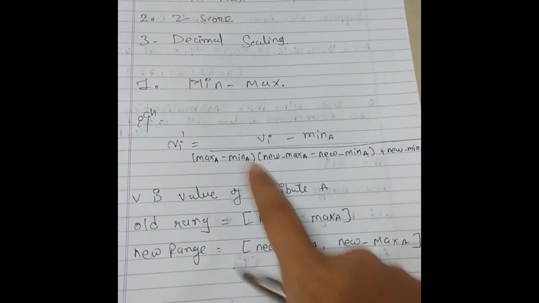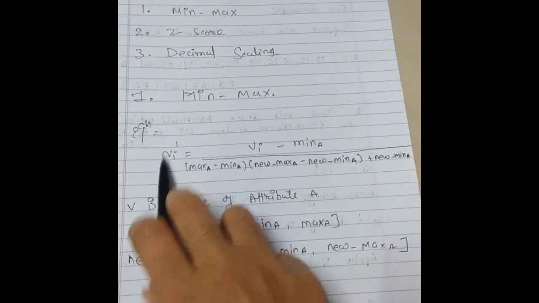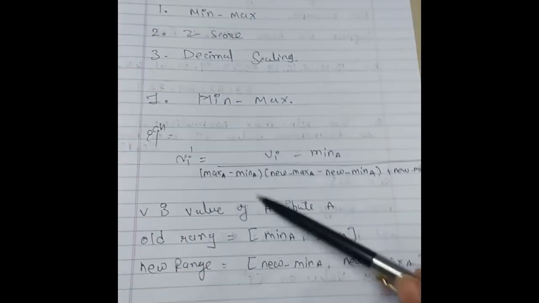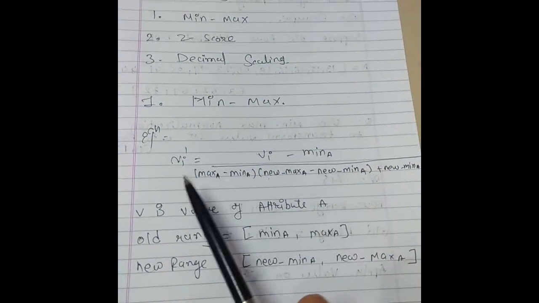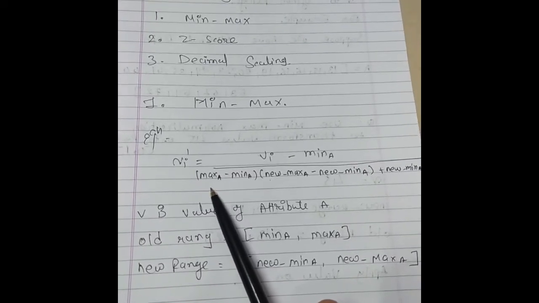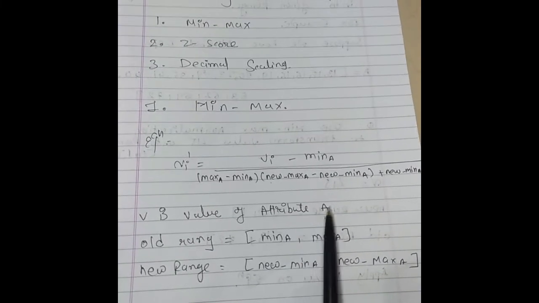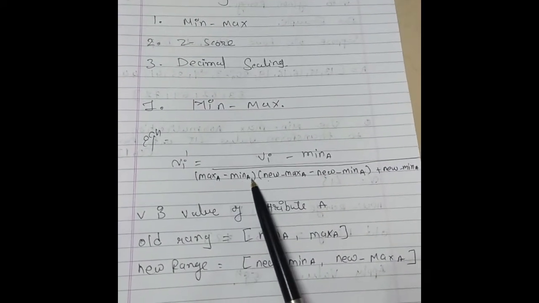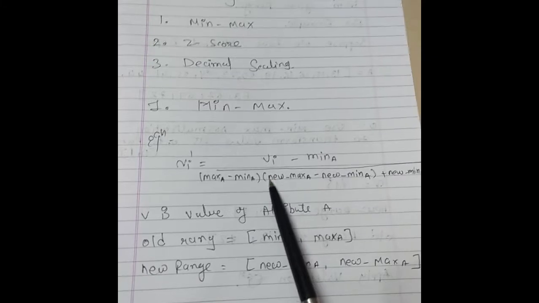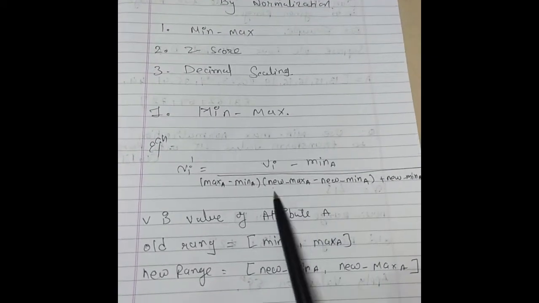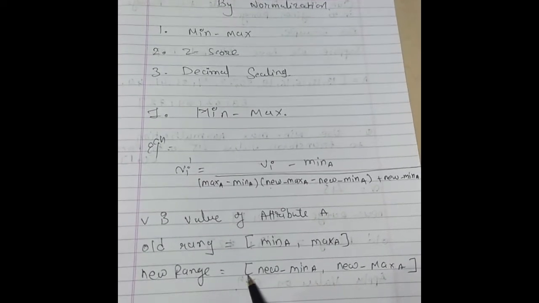In Min-max normalization, some data is given. The formula is: new value, or the normalized value, equals old value minus min A, divided by max A minus min A, where A means the attribute set, a set of data, multiplied by new max A minus new min A, plus new min A. New max A and new min A come from the new range that is created.